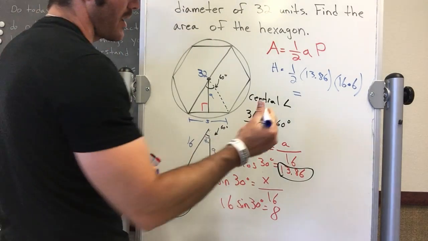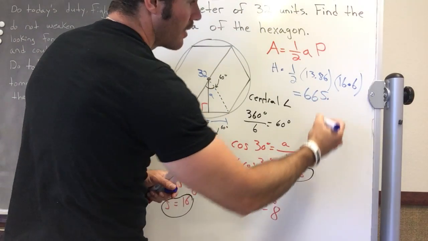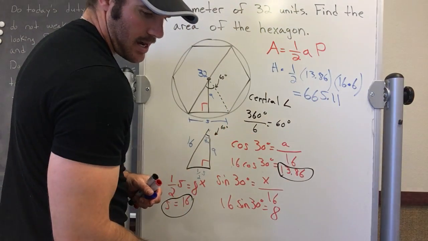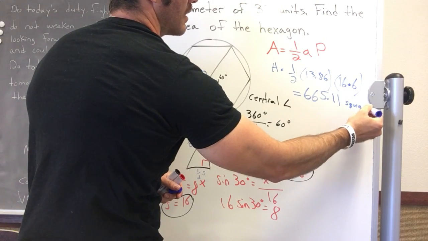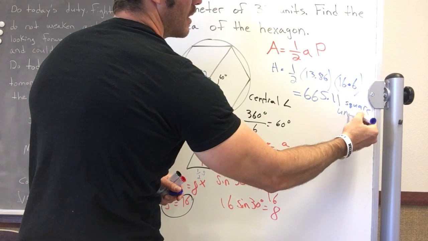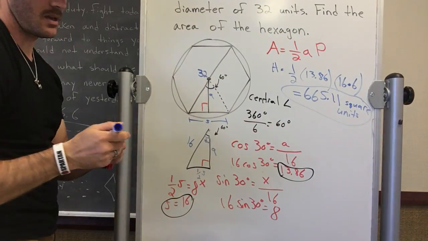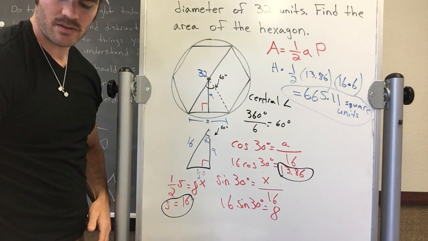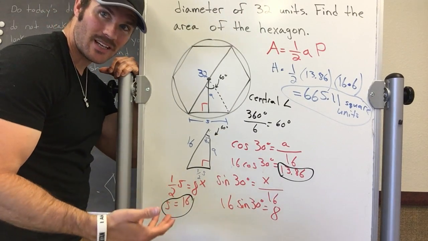I'm going to round it. So 665.11, and that's square units. That's my answer. That is why I covered those certain chapters, so you had the proper information to do these kinds of questions.